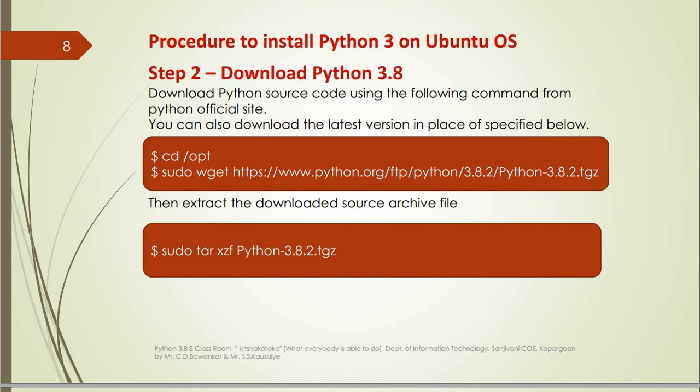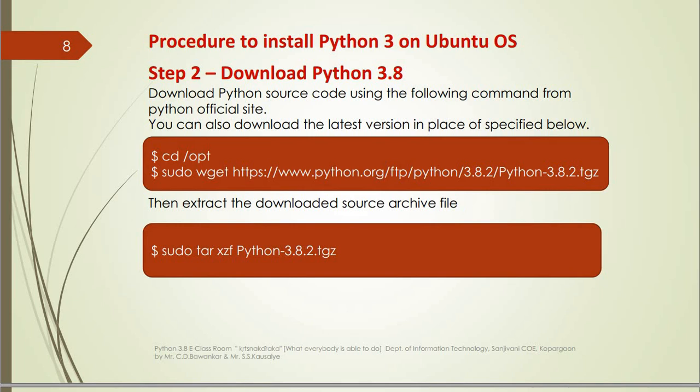After that, step number 2, download Python 3.8. Download the Python source code using the following command from the Python official site. You can download the latest version by typing this command. The command is cd /opt. Then press enter.